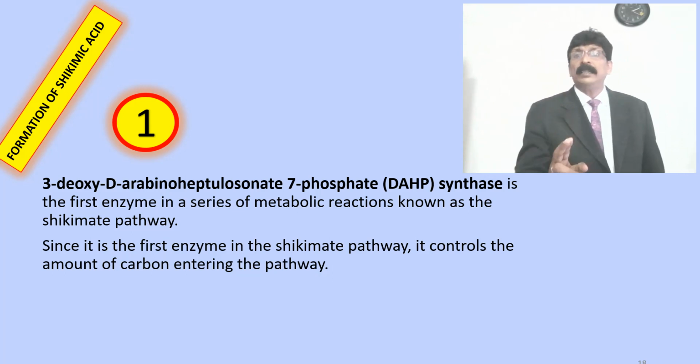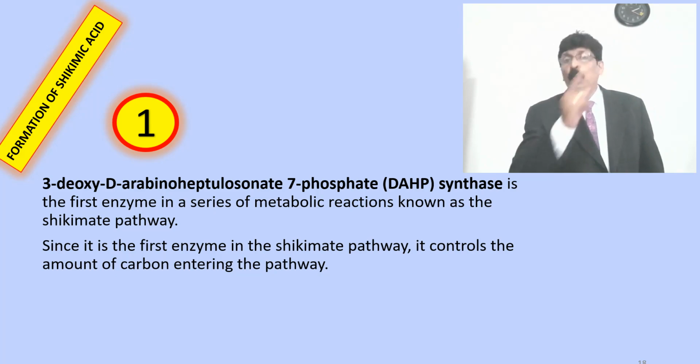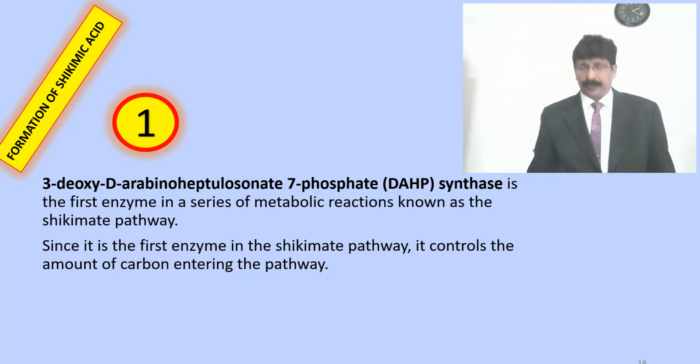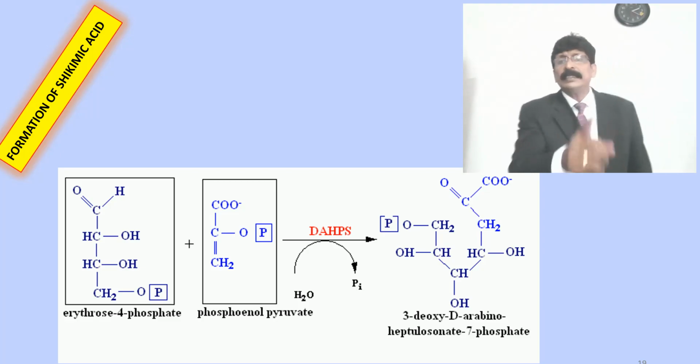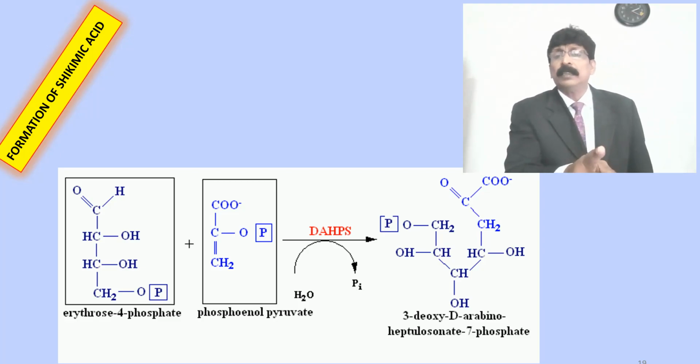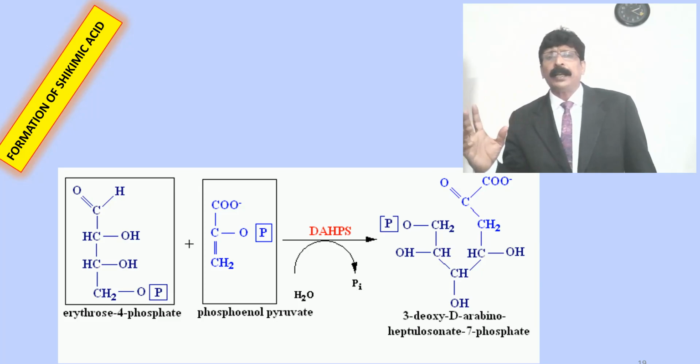3-deoxy-D-arabino-heptulosonate 7-phosphate. You see the structure very clearly. Listen to the lecture and you will succeed 100% sure without reading again and again. Very easy.